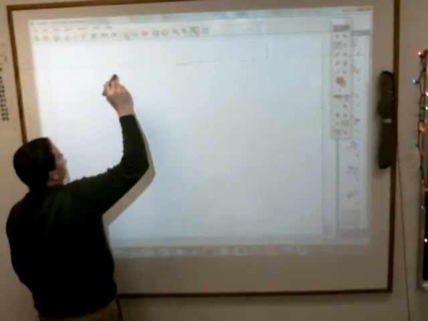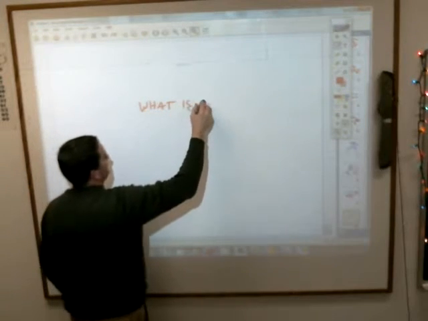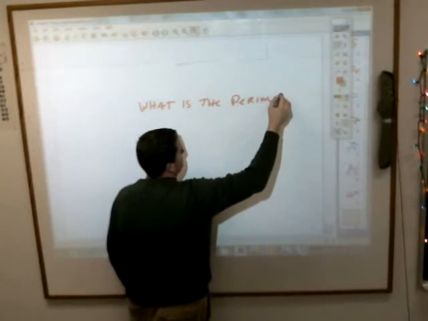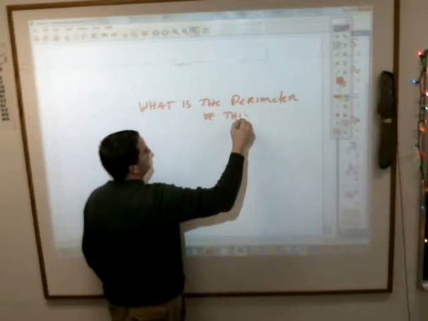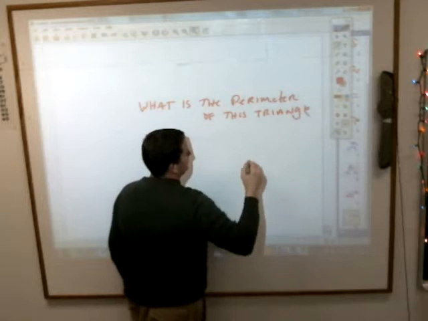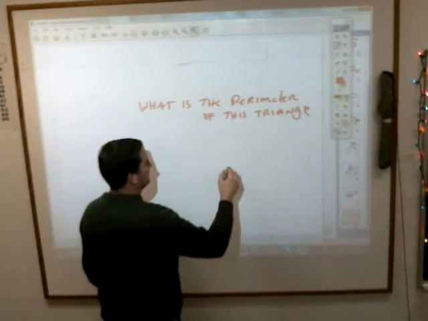here's another one that you might come across in the book. What is the perimeter of this triangle? You can put this wherever you like.